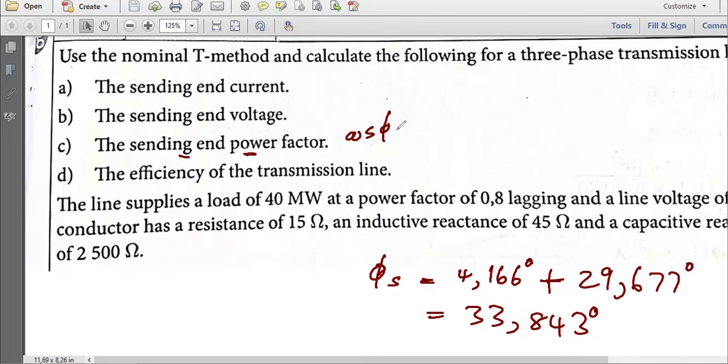The power factor is the cos of the angle that is given, cos 33,843 degrees. That gives us the decimal part representing our power factor.